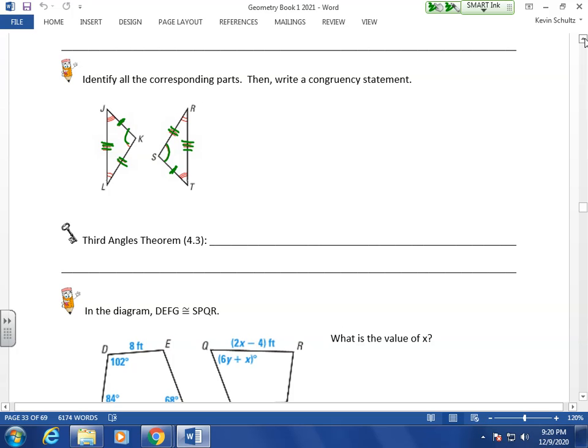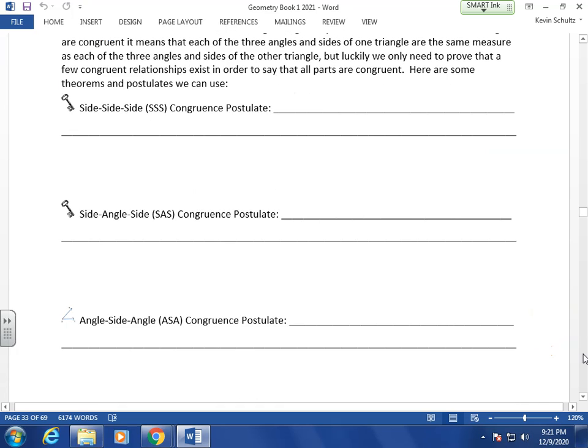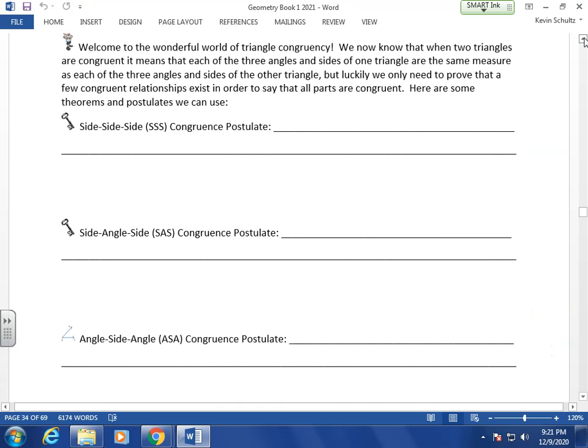One there, second corresponding there, and a third corresponding there. So for congruent triangles, there are really 6 parts that are all the same, the 3 sides and the 3 angles. Luckily, when we prove that triangles are congruent, we don't have to prove all 6. We only need 3 of the 6 to say that the triangles are congruent.